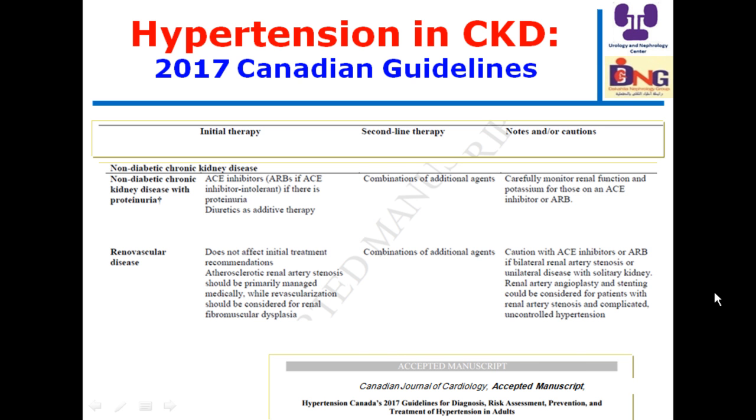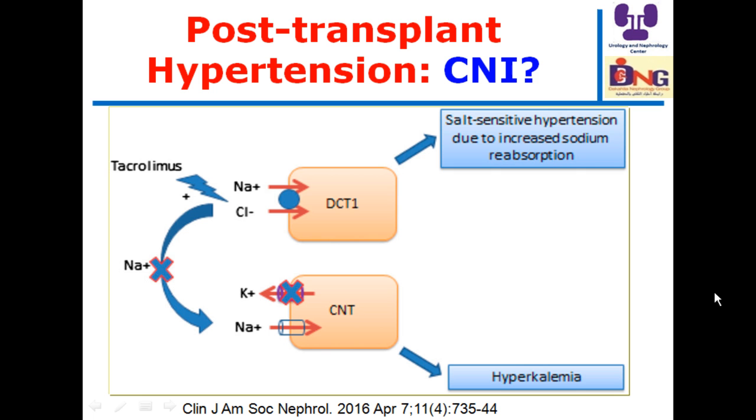Let us go to another sector in the nephrology domain of hypertension, which is post-transplant hypertension, and I want to stress calcineurin inhibitors like cyclosporin or tacrolimus. In this cartoon, tacrolimus induces hypertension and hyperkalemia. Tacrolimus acts on the sodium chloride co-transporter in the distal convoluted tubule. It stimulates this co-transporter, so it leads to salt-sensitive hypertension due to increased sodium reabsorption.